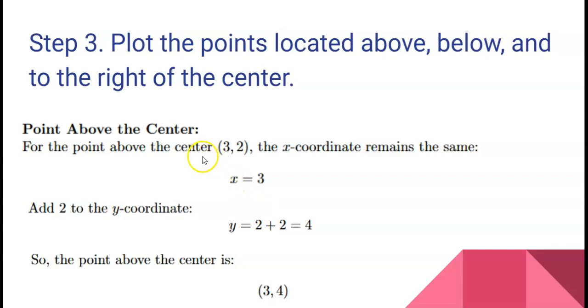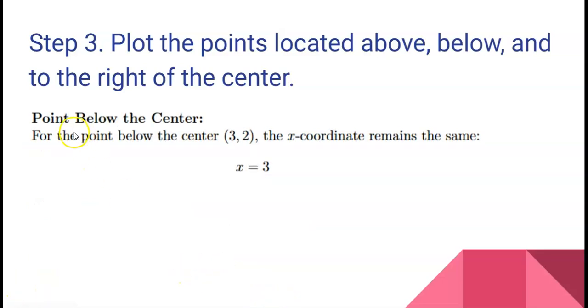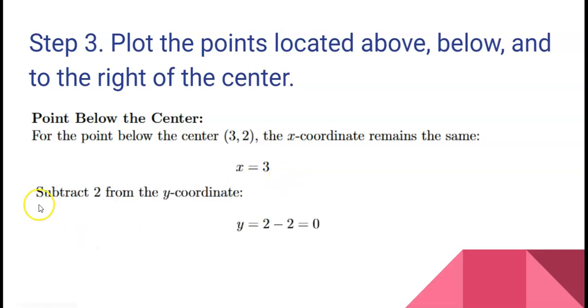Again, our center is (3, 2). So the point above the center is (3, 4). Now for the point below the center (3, 2), the x-coordinate remains the same as well. x is equal to 3 because we're just moving along the y direction. So subtract 2 from the y-coordinate because we have radius 2 and we are looking at the point below the center.